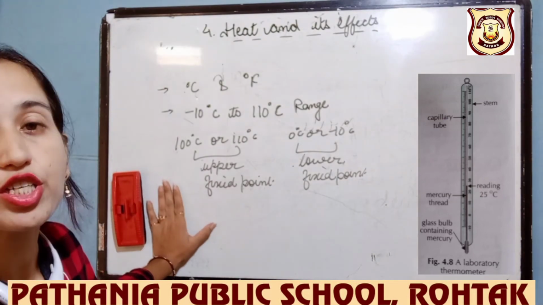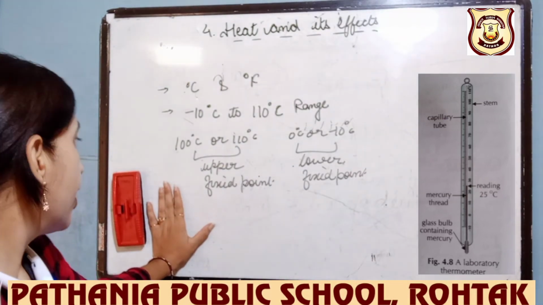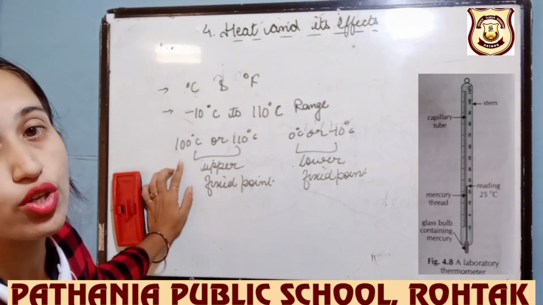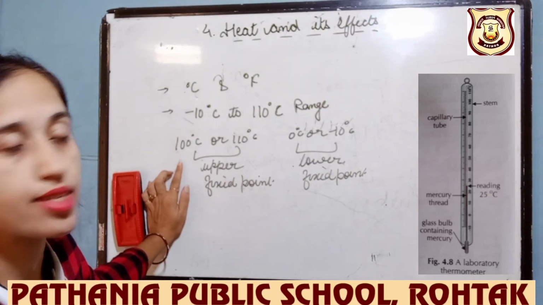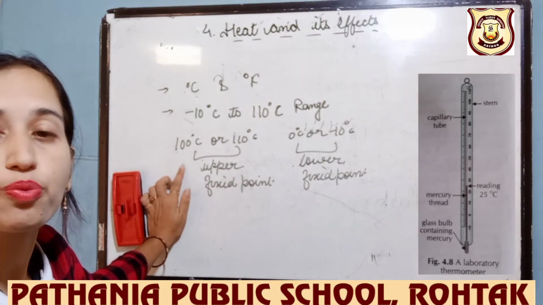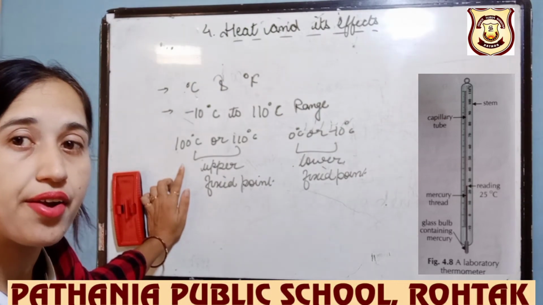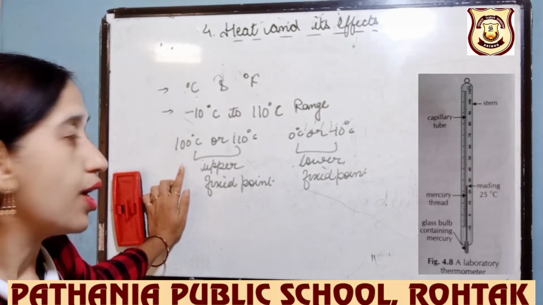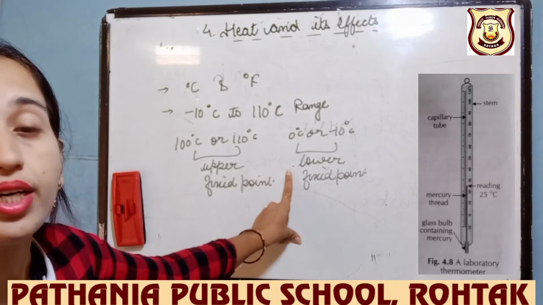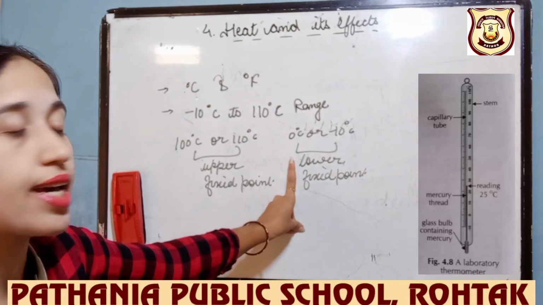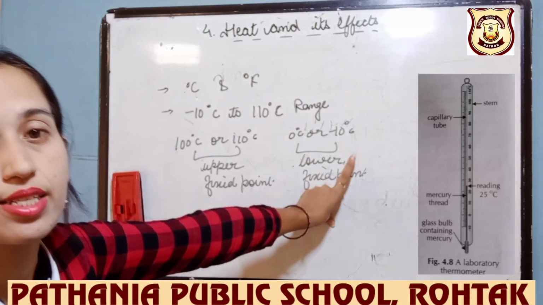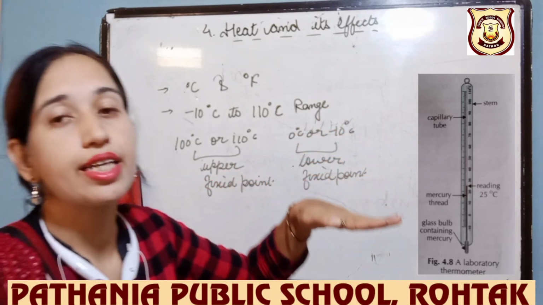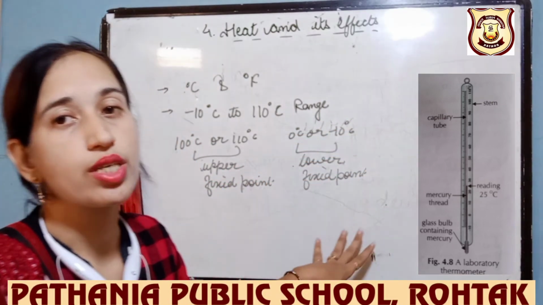So the upper fixed point we are having is 110 degrees Celsius. That means mercury can rise up to that level. Lower fixed point, it is minus 10 degrees Celsius. That means it can decrease up to this level.